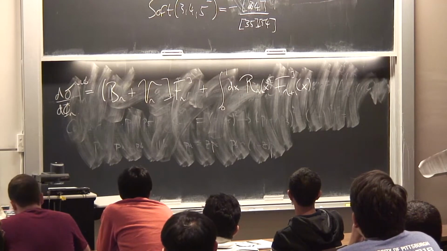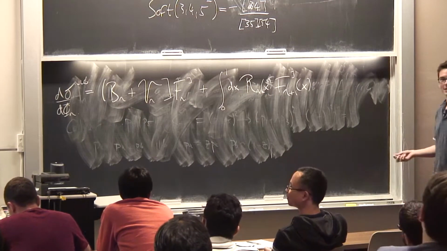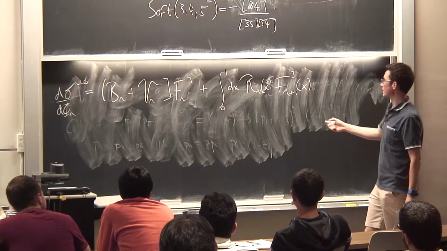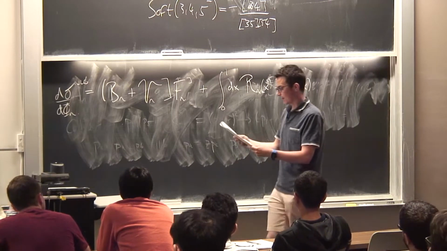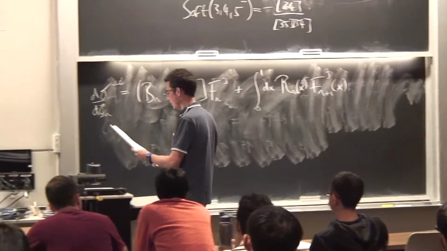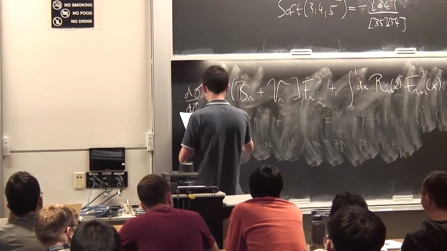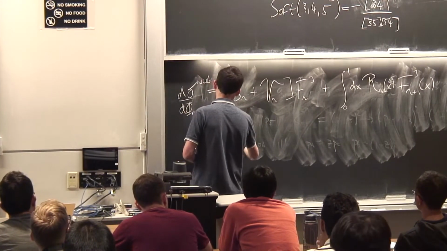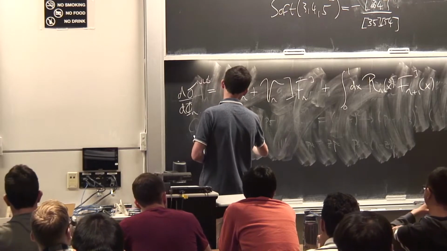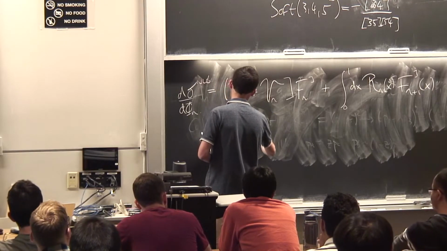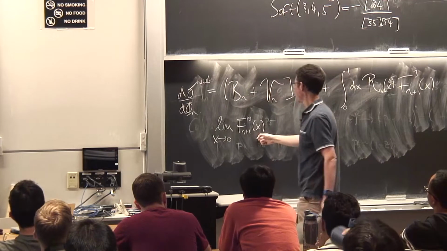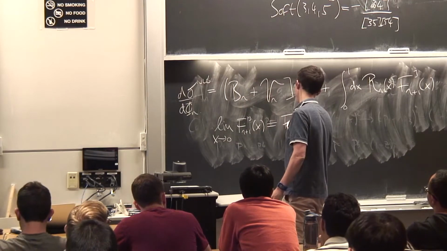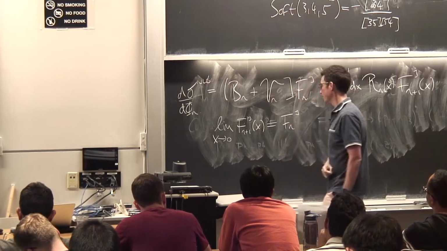Good. All right. So now we're looking at infrared safety. We want to say, what are the constraints this function has to have that allow us to make a meaningful limit? What had better happen is that as I take the limit x goes to 0 of my real measurement function, this thing had better go back to the Born one.